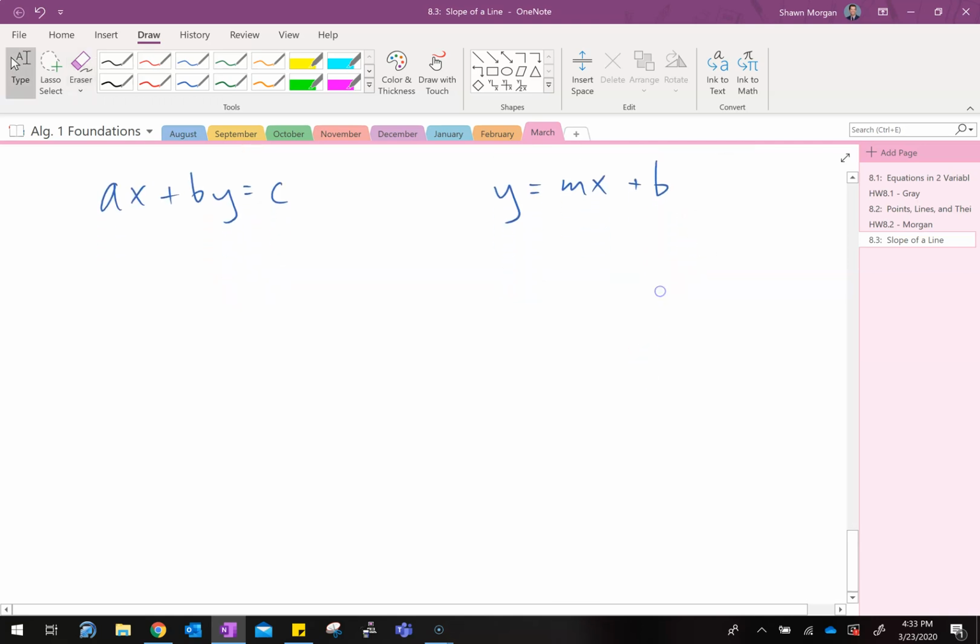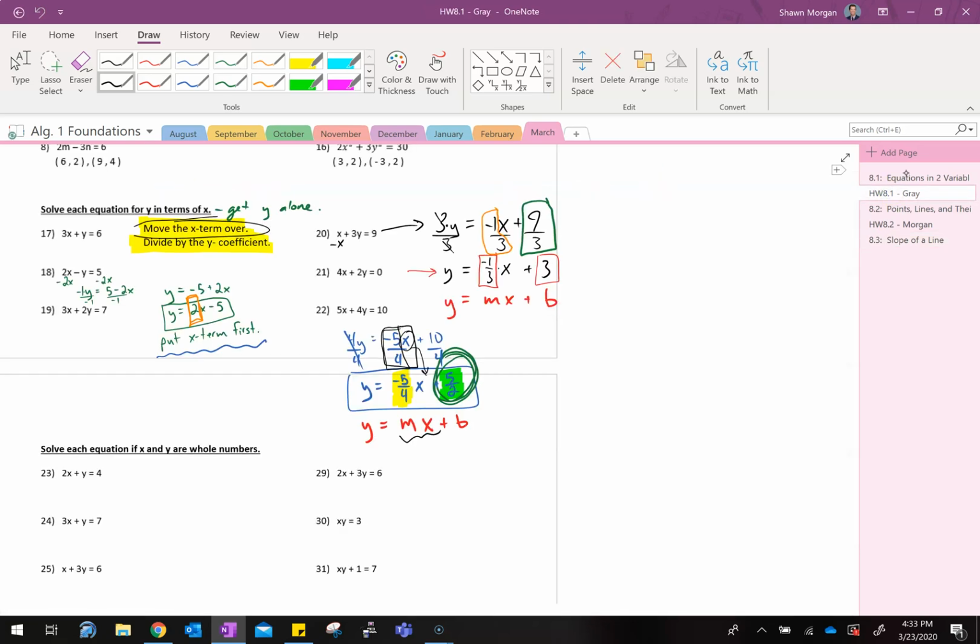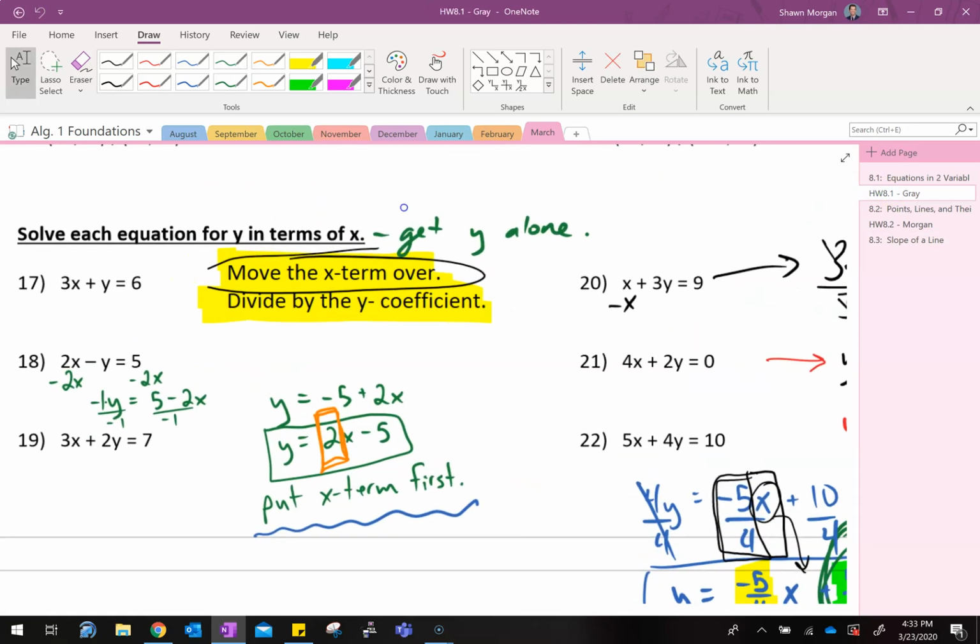Now, there is one last little example I'd like for us to work in this, and that is moving from standard form into slope-intercept form. Okay, now we did discuss this. I believe I've got this pulled up in a previous homework assignment that you guys were working for your algebra classes.